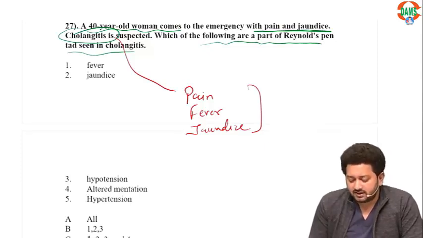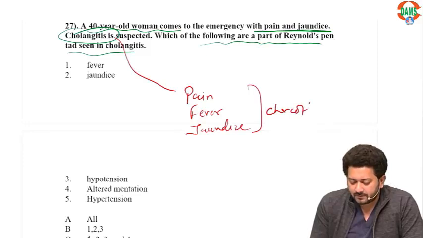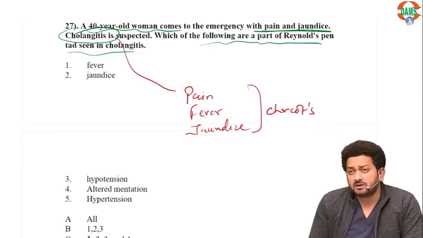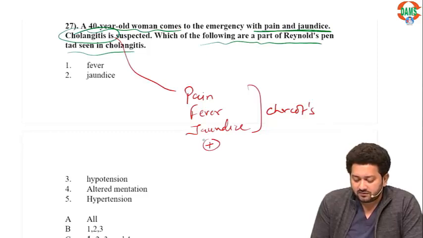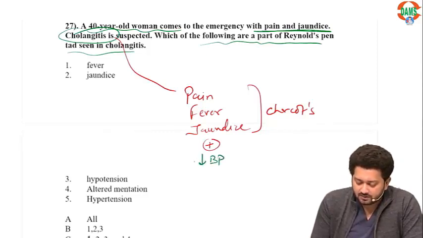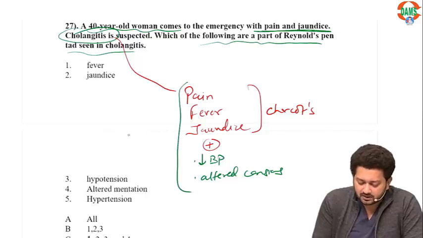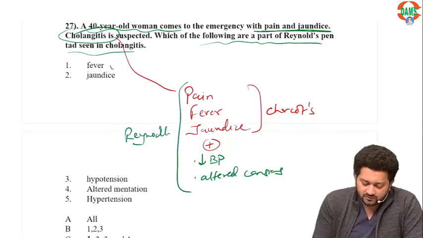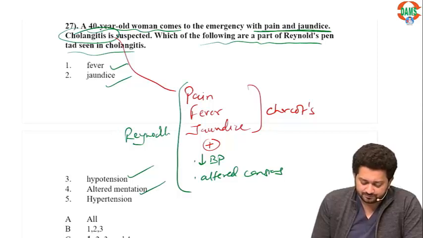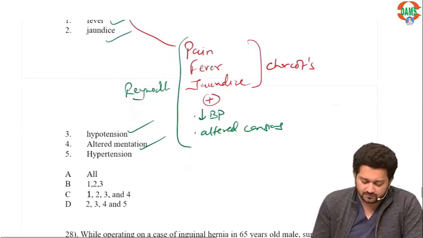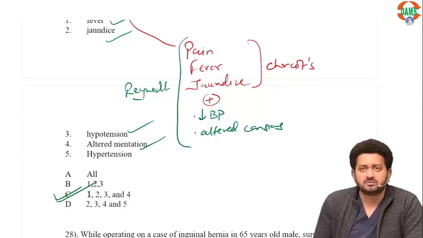Now in this case, if the patient goes into septic shock, then there will be additional hypotension and altered consciousness. Now it becomes Reynolds' pentad. So fever, jaundice, hypotension, altered mentation. 1, 2, 3 and 4. Hypertension is not seen, so option number C.